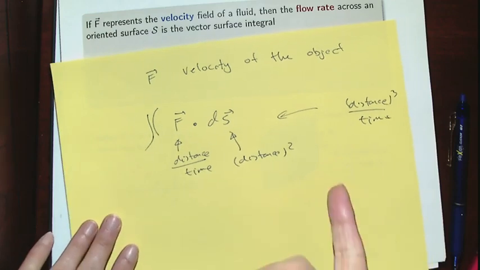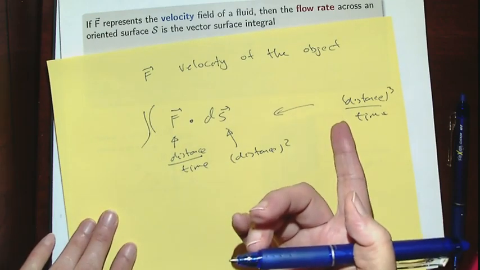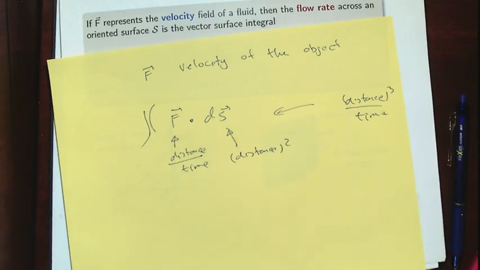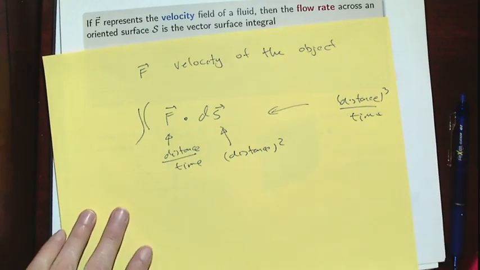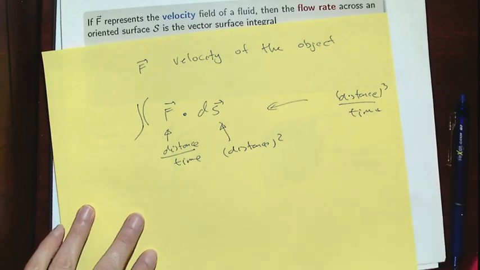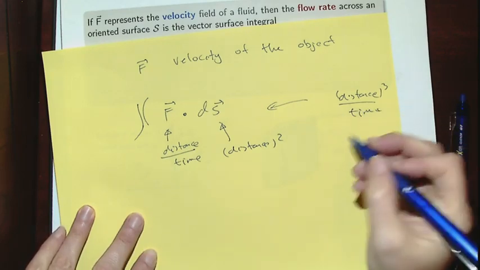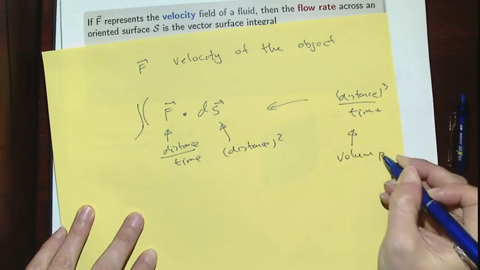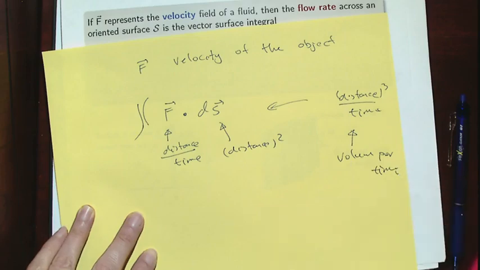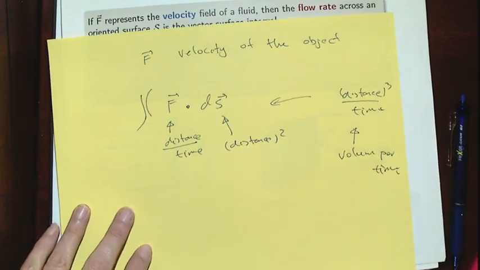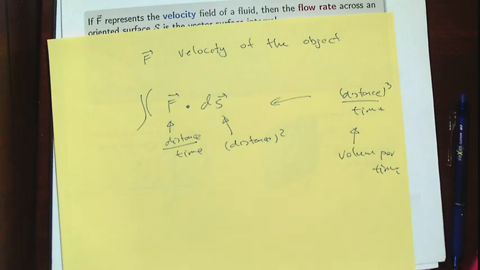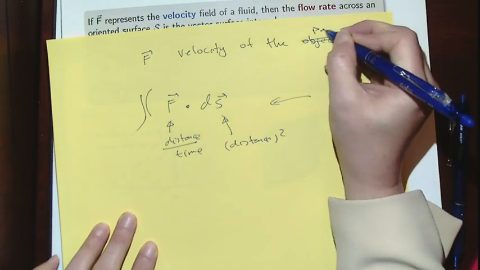What quantity has distance cubed? Length times length times length is volume. So you're really finding the speed at which the volume is going through the surface. So this is volume per time. When we talk about flux, if you imagine F is the velocity of a particle, that's what I wanted to say, not object, particle.